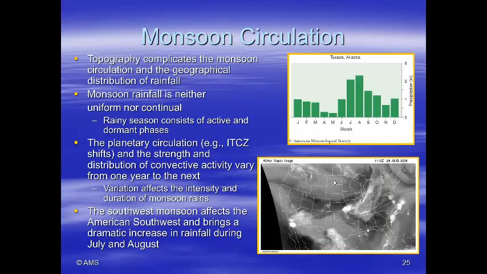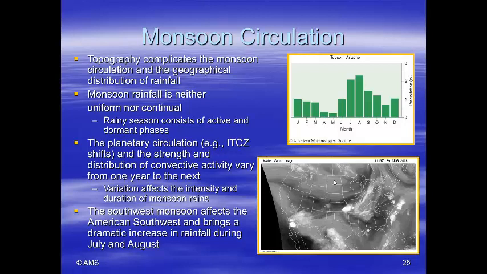So the topography complicates the monsoon circulation and the geographical distribution of rainfall. The monsoon rainfall is neither uniform nor continual. So the rainy season consists of active and dormant phases.